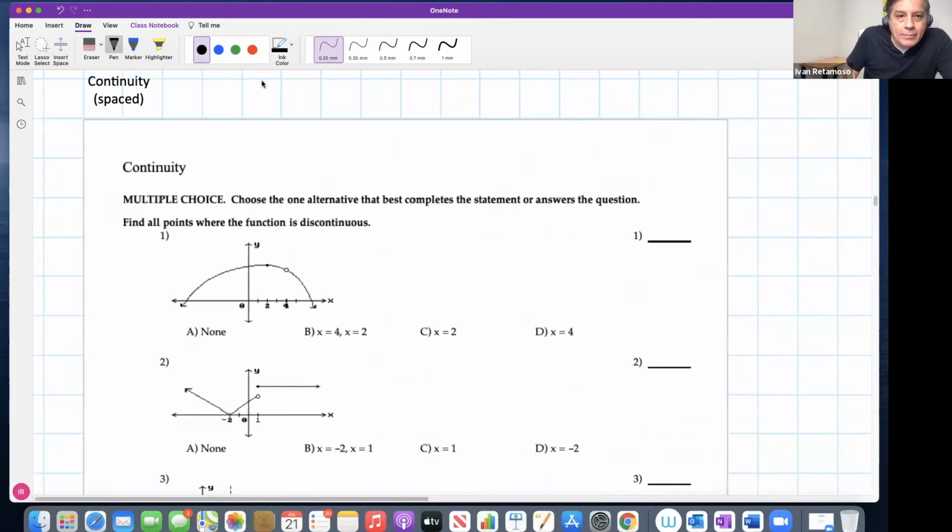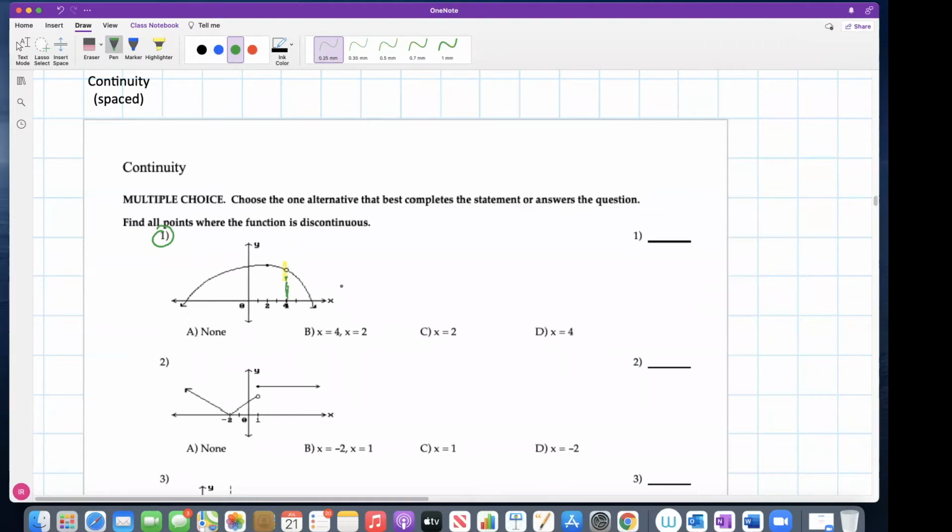Number one, look at this graph. They say find all points where the function is discontinuous. At which point is this function discontinuous? As a hint, look at this hollow circle, and look down here to see where that happens. At which input value? 4, excellent.